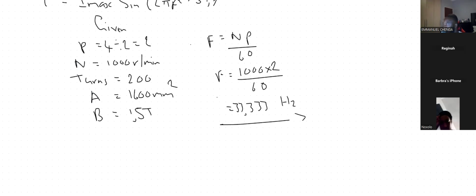On B, they want you to find the time. How do you find the time? We said to calculate the time, it will be 1 over F, which is 1 divided by 33,333.